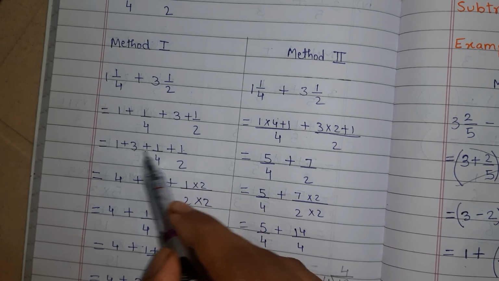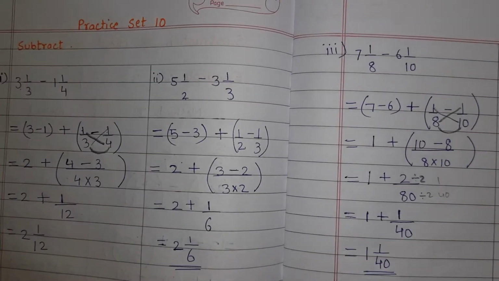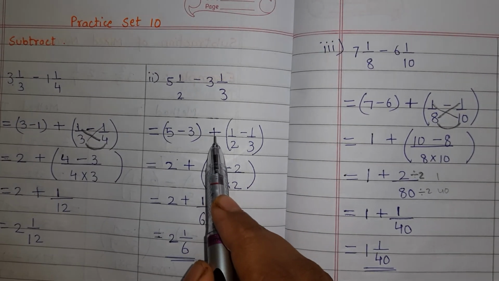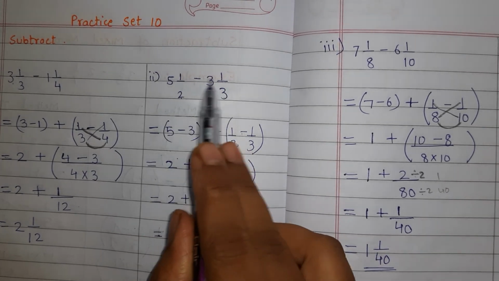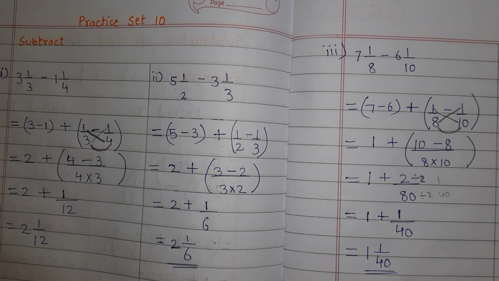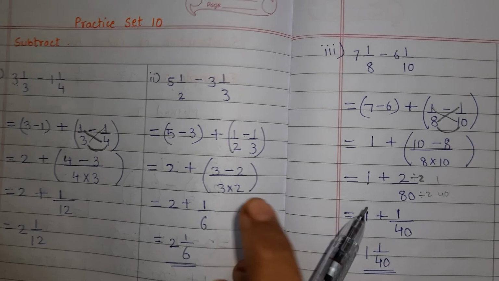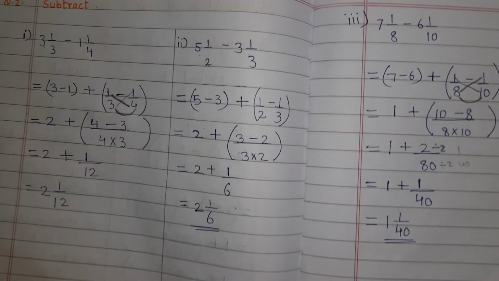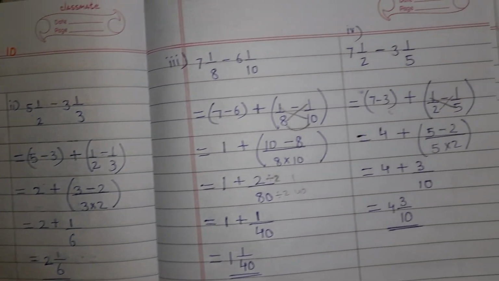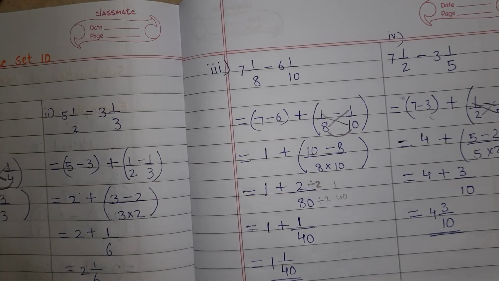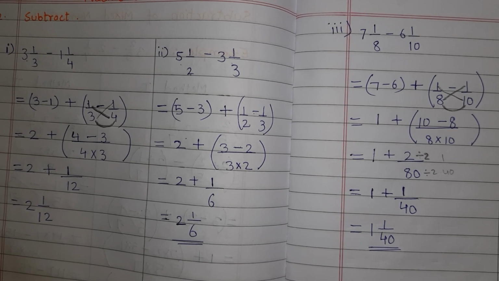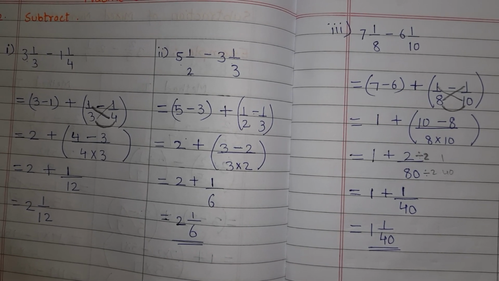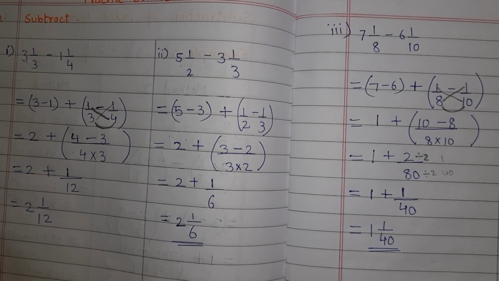Here everywhere the plus sign will be there, and in subtraction only in the middle the plus sign will be there, and the remaining things we have to subtract from each other, meaning bigger number minus smaller number. Understood? So these 4 examples you will write in your notebook. In the next lecture we are going to see word problems based on addition and subtraction of mixed numbers. Okay, thank you.